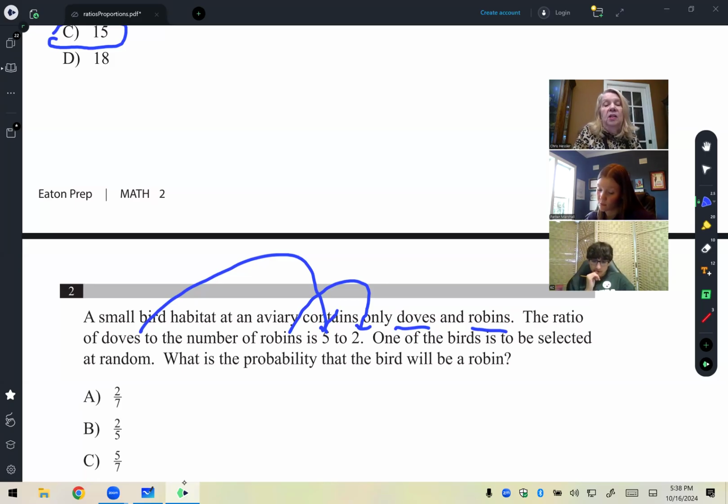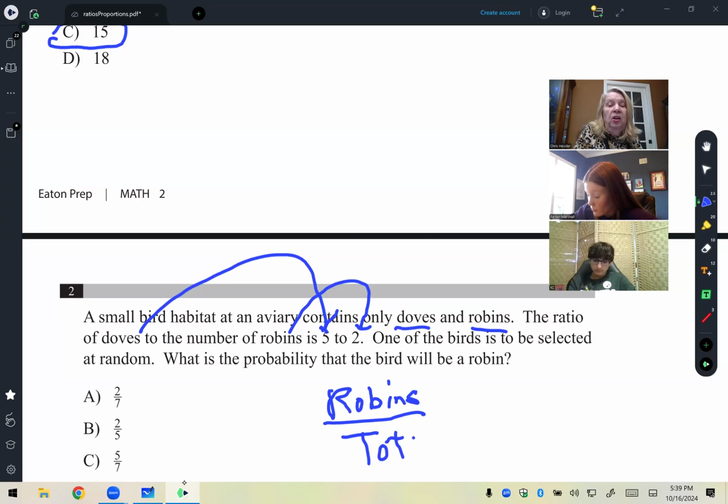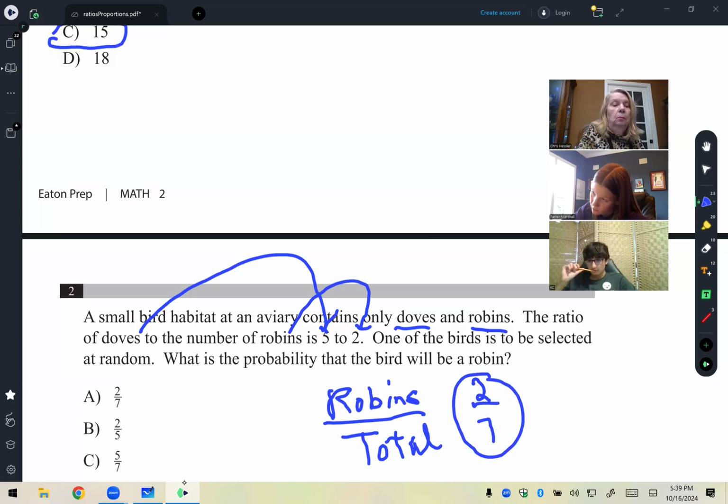One of the birds is to be selected at random. So what we want is we want robins to the total. So pick your answer. Did you get A? Good.